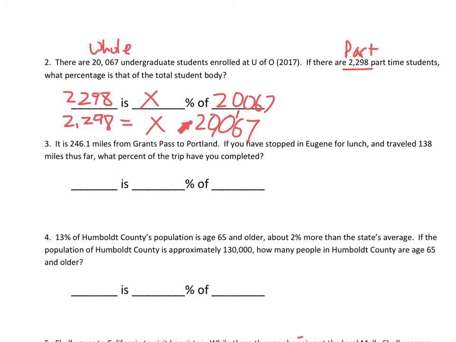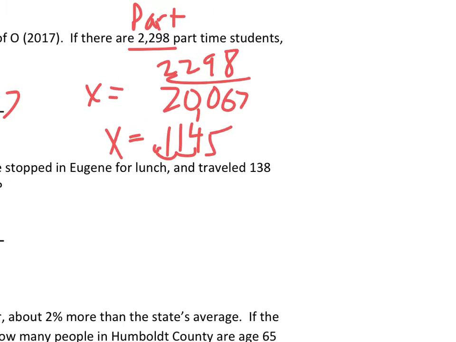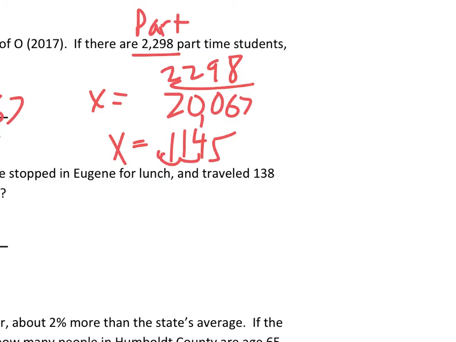We've got to get rid of this number that's being multiplied, so we divide both sides by that. We're going to have x equal 2,298 divided by 20,067. And we get 0.1145. As a percent, move that over two places. It's going to be 11.45%.